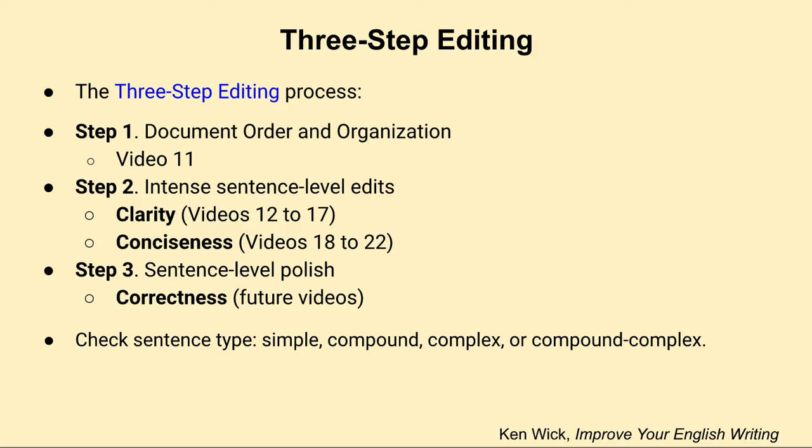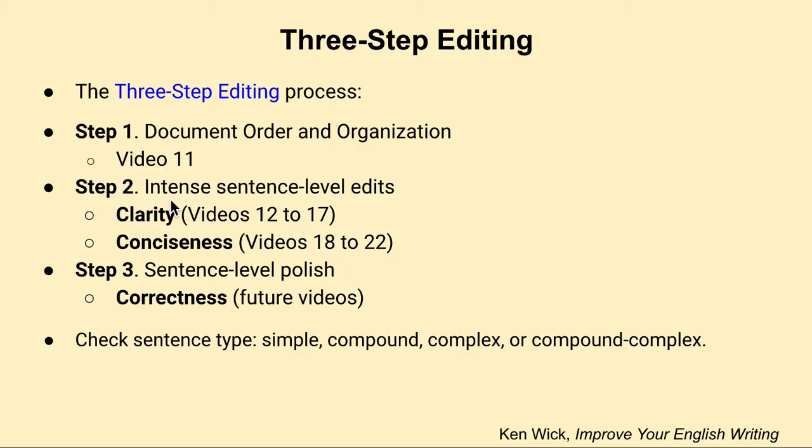In that three-step editing process, I did talk about one of the things that you want to do. Even under step 2, you always want to check your sentence type as you're doing your intense sentence level edits, to make sure you have one of the 4 sentence types: the simple, compound, complex, or compound-complex. Once again, as you move through step 3, the sentence level polish, you want to reconfirm you do have a simple, compound, complex sentence.